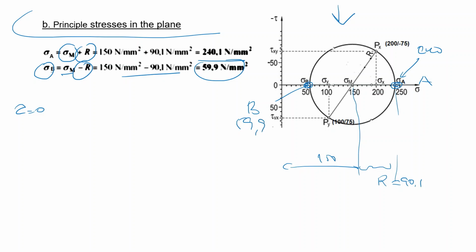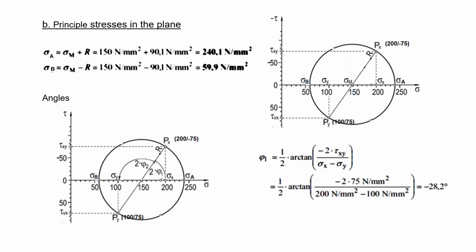These are the two principal stresses in the plane. Let's find the orientation of the principal planes, the angles. So I know the reference plane, this one, that was 200, minus 75, and it is represented by this point.